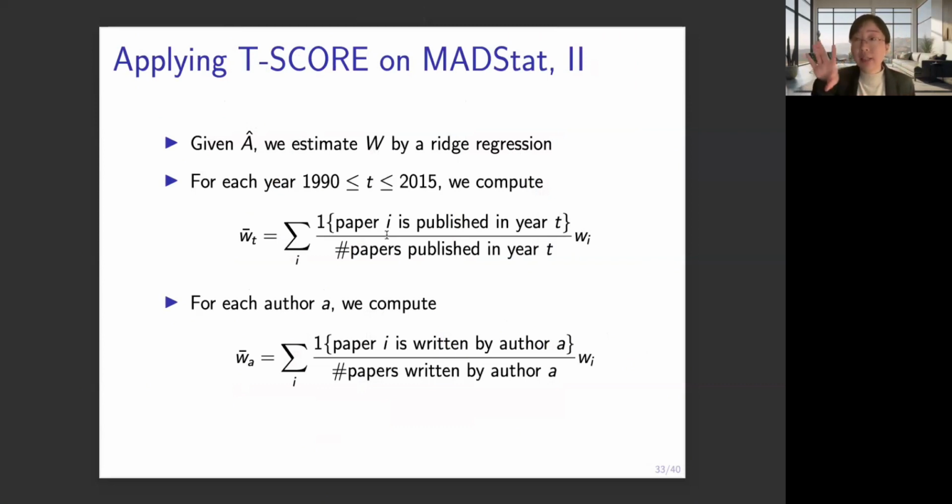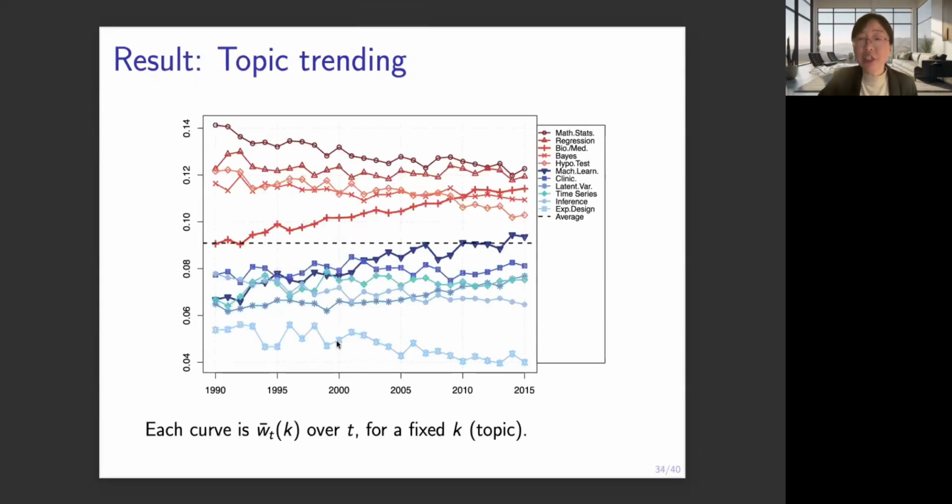And we now take the averages of these vectors in different ways. One way is to take the yearly average, and the other is to take the average for each author. Let's look at the yearly average first. For each year, we get an average weight vector of dimension 11.